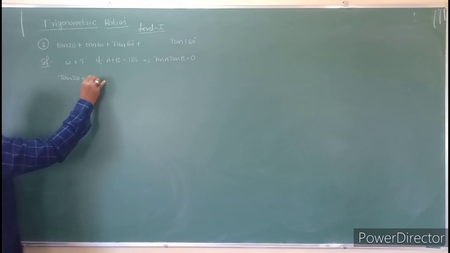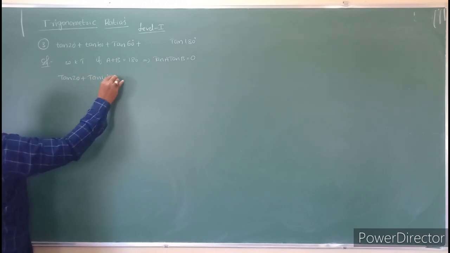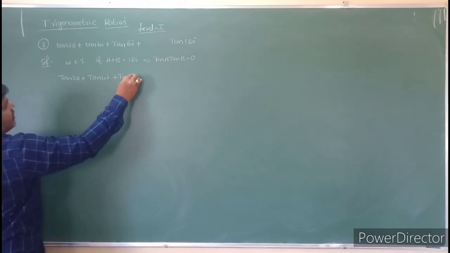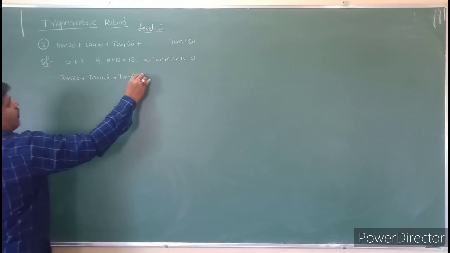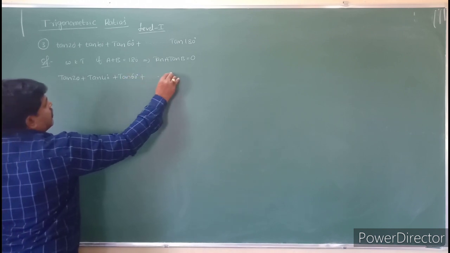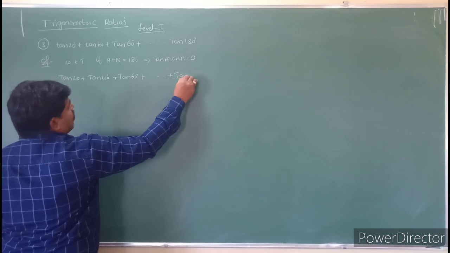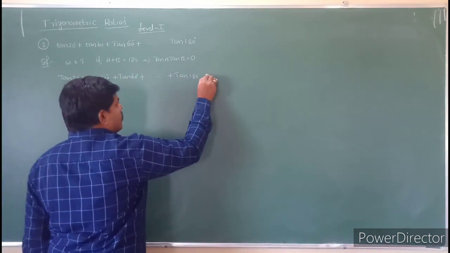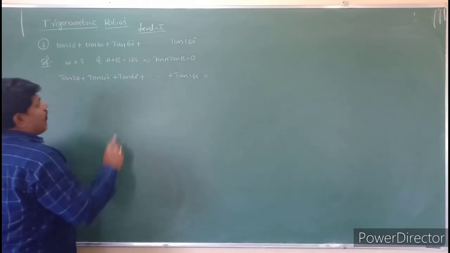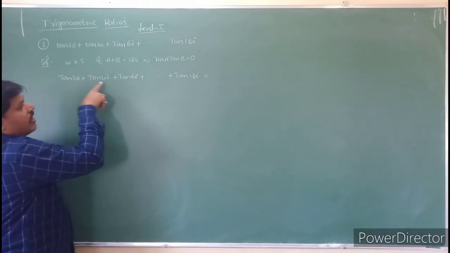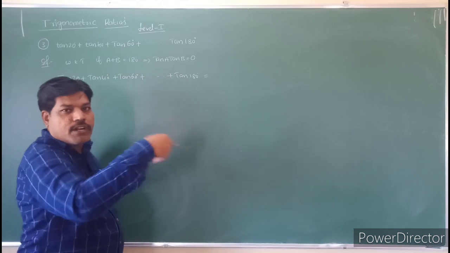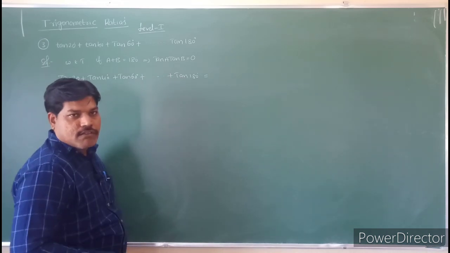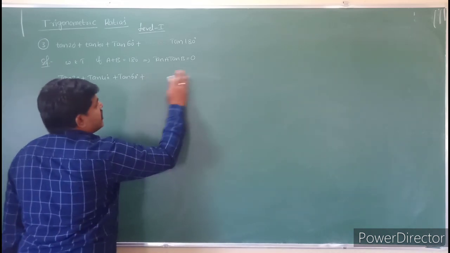plus tan 40 plus tan 60 plus tan 180 degrees. You have to take the two angles: 20, 40, 60, 80, 100, 120, 140, 160, 180. Yes or no? So I will take all these values here.